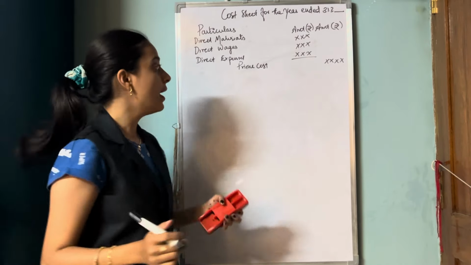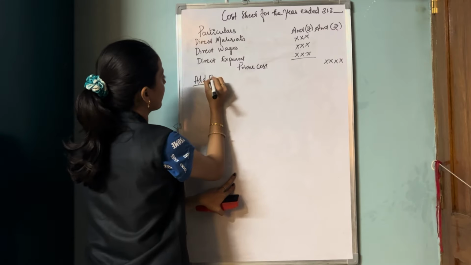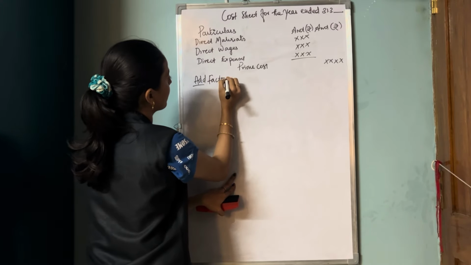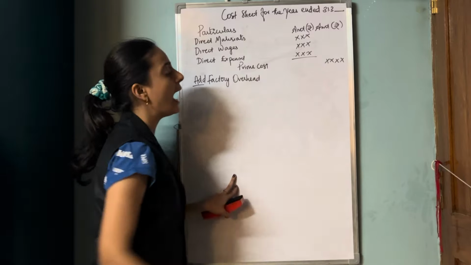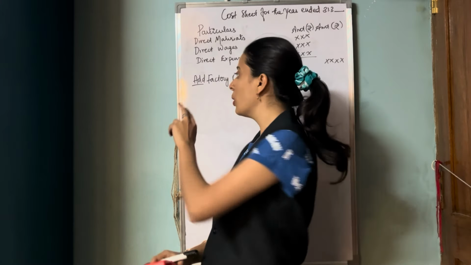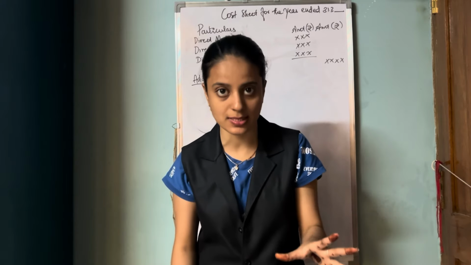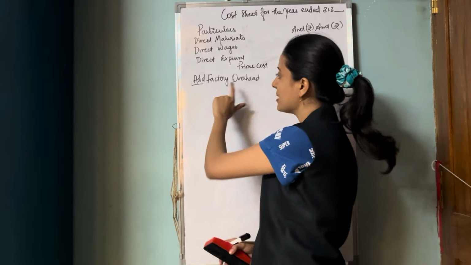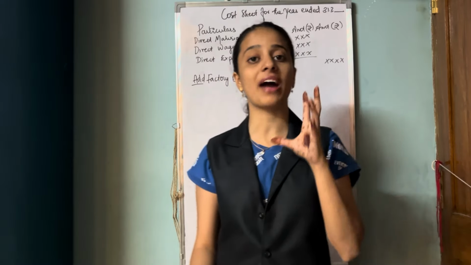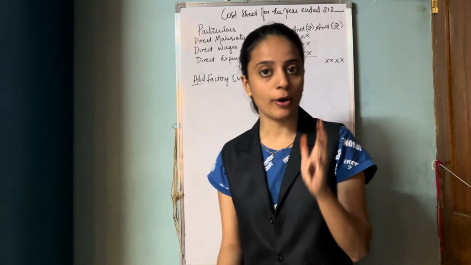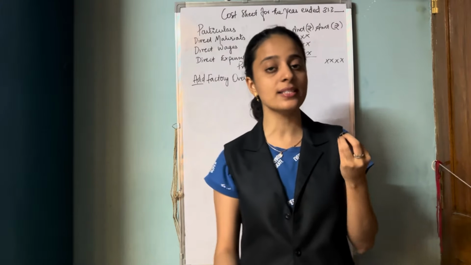Okay, now the next thing is to add factory overhead. Overhead is nothing but expenses. Under this head you have to take all the expenses relating to the factory, relating to production, which you incur during manufacturing of goods and services.